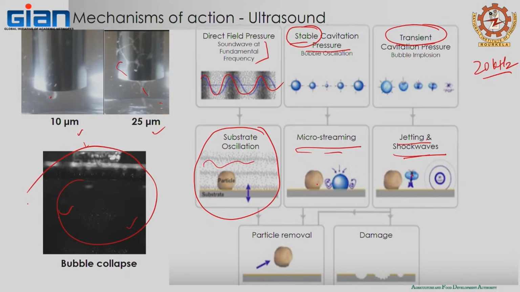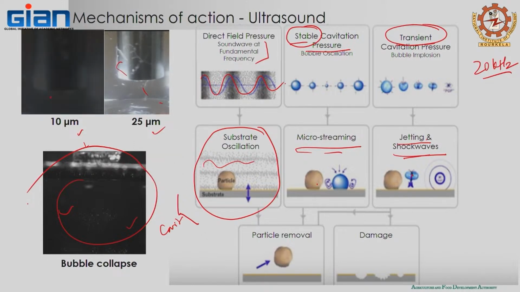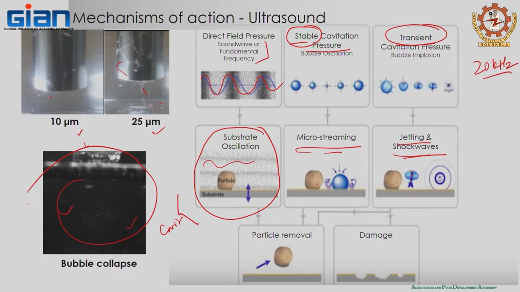So the single principle is cavitation. This cavitation could be stable cavitation or transient cavitation, and these cavitating pressures can be calculated and estimated by using a specific type of sensors. As you can see from here itself, all these cavitating bubbles are moving and forming a jetting system.